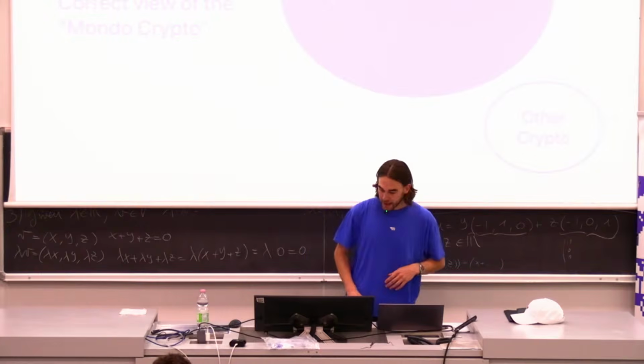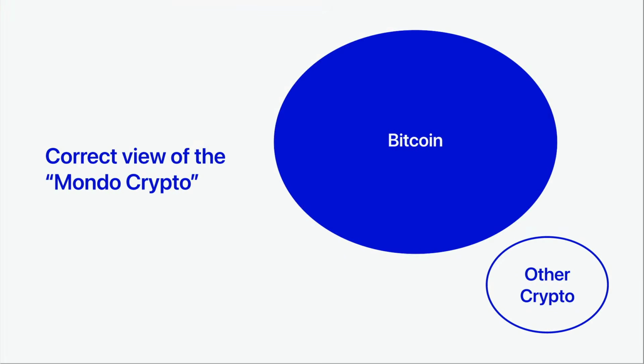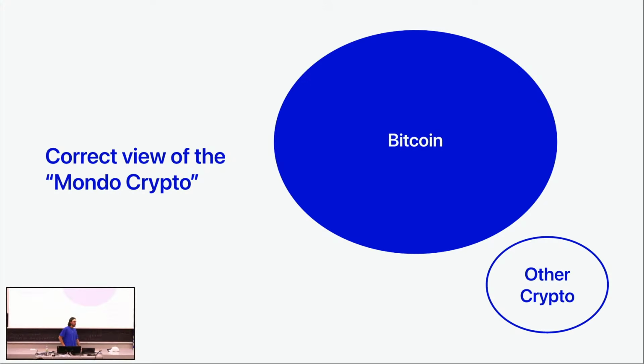But the reality is this. Bitcoin is, I think, completely separate and different from other crypto. Other crypto basically just share somehow, not even precisely, some technical aspects. For example, they all use a blockchain to store data. But as we said before, they solve completely different problems.